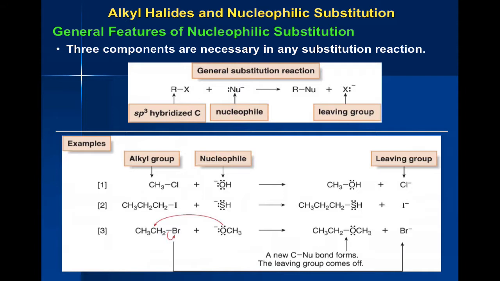I can also take an alkyl halide and react it with a sulfur nucleophile. Okay? Looks very similar to hydroxide, except this one stinks. Sulfur always stinks. And I can go from an alkyl halide to what? Is that a sulfide? It's a thiol.